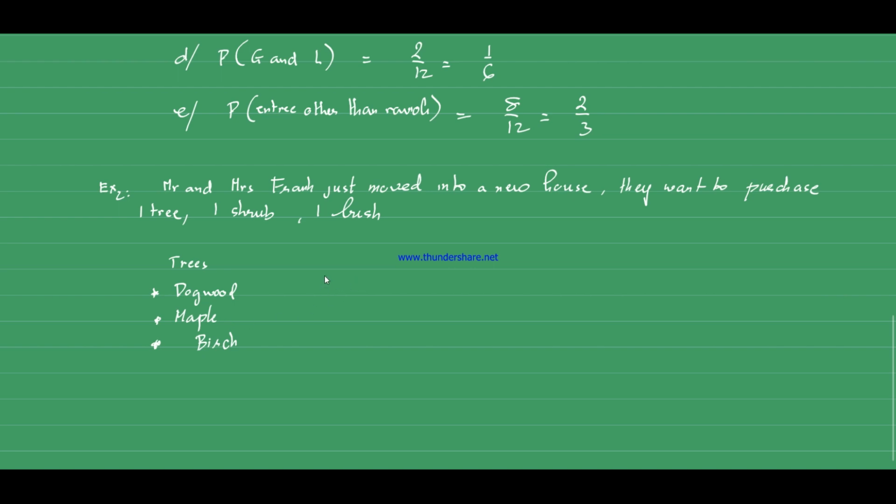Then we have shrub: forsythia, holly, and juniper. And for the bush, we have common, sensation, and primrose.